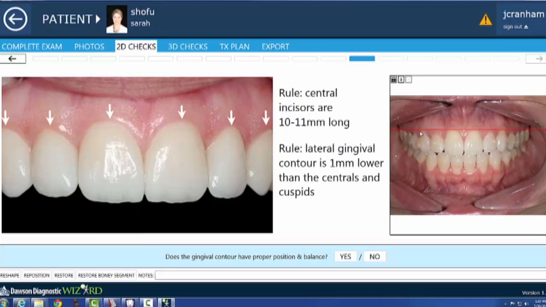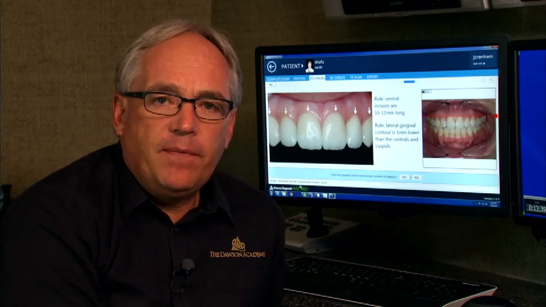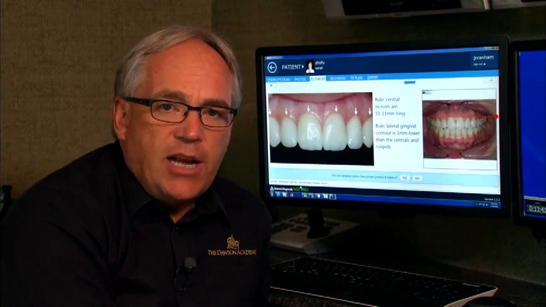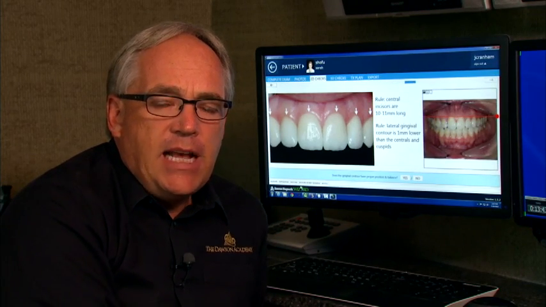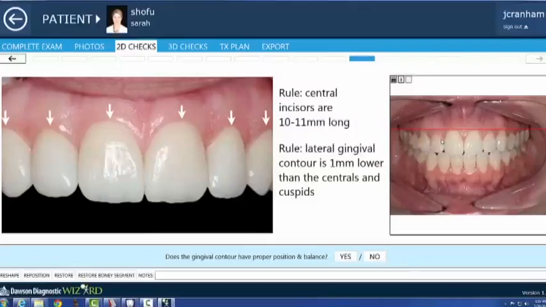We might have a slight discrepancy on the right side. There is slightly more tissue on this canine than over here. Our lateral on tooth number 10 looks reasonable, but notice we're showing a little more tissue on that right lateral. Now, Sarah's in the middle of Invisalign right now, getting towards the end, so when we get done with treatment, if that's still an issue and she wants to change it, that might be something that we can take care of with a laser or something along those lines.